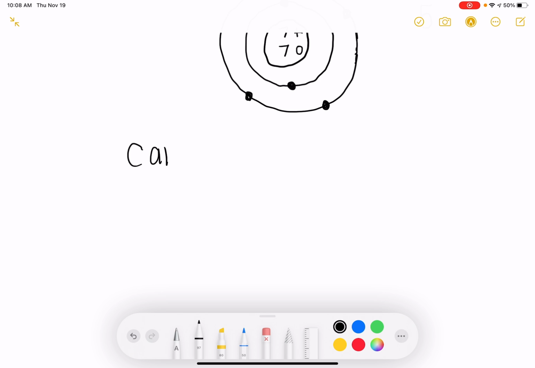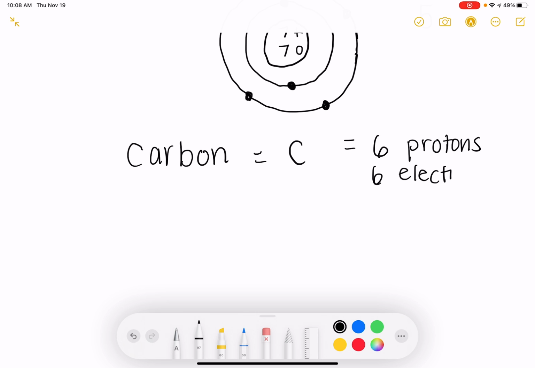So carbon, C is for carbon, that's the atomic symbol. If we look for carbon in the periodic table, it's actually number 6. So if it's number 6, that means it has 6 protons, 6 electrons, and neutrons we need to always calculate by taking our mass minus protons.